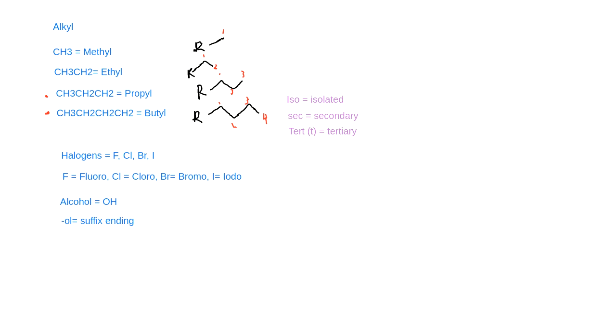Iso only applies to propyl, and butyl applies to all three. So maybe let me do this. All of these apply to butyl, and this only applies to propyl.